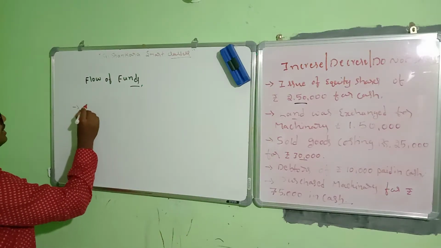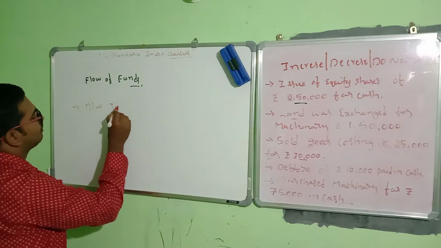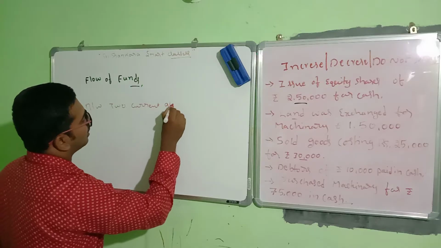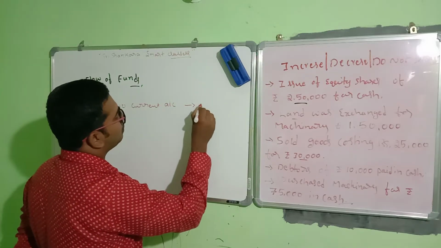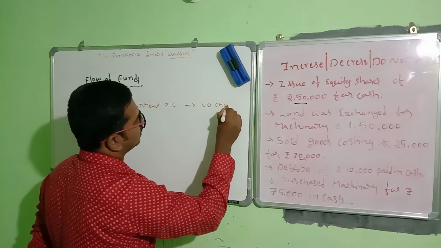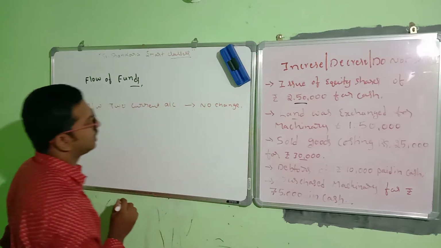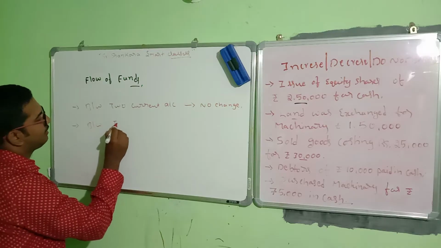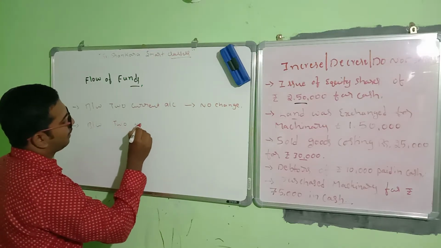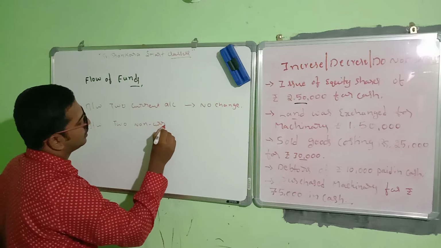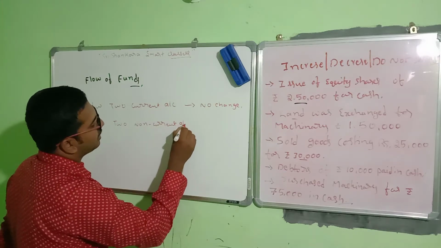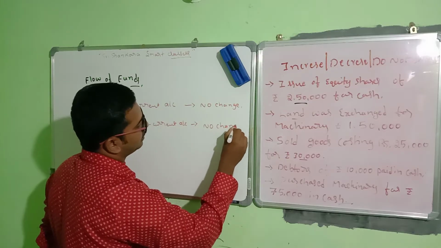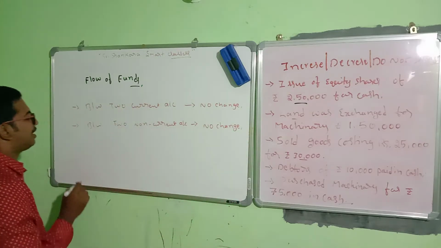In type 1, when the transaction happens between two current accounts, it leads to no change. Second, when the transaction happens between two non-current accounts, again it leads to no change in working capital.